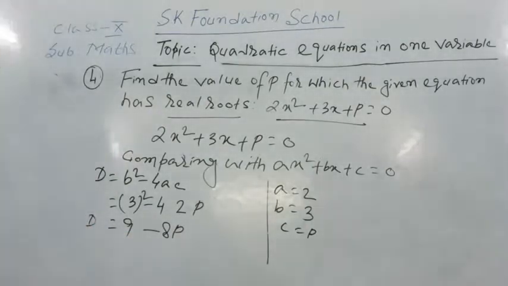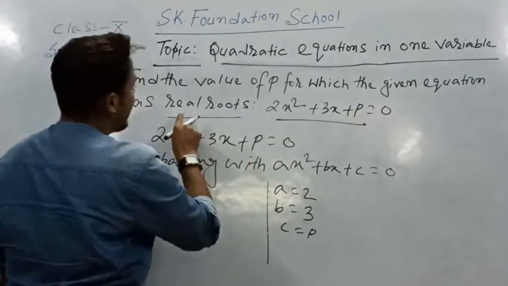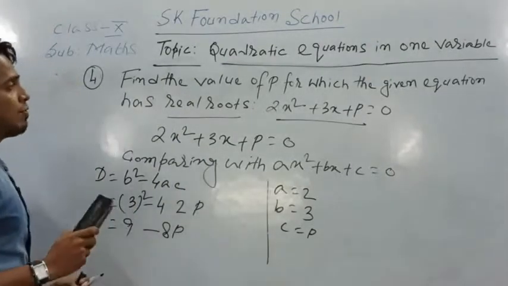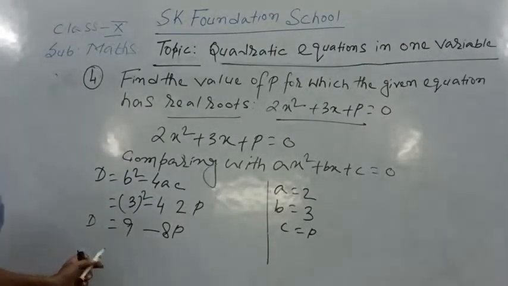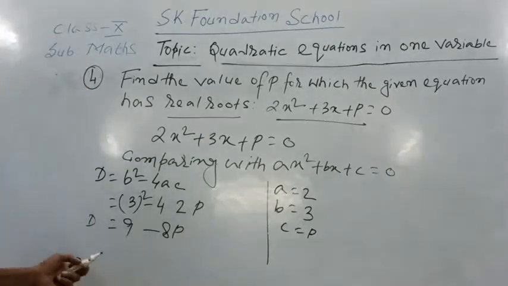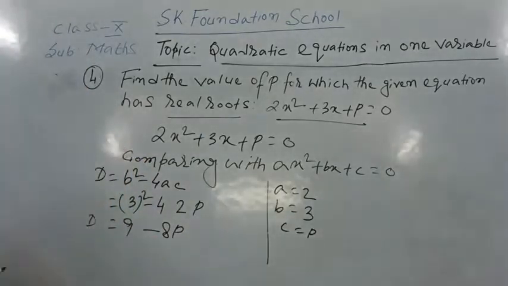Right. But look here. The statement is given: the given equation has real roots. Only real roots. Real roots are possible only when D equals 0 and D is greater than 0. In those cases we can say the nature of the roots is real.